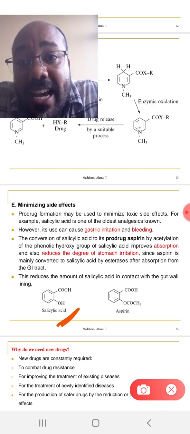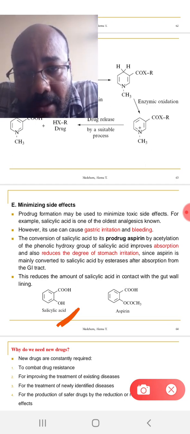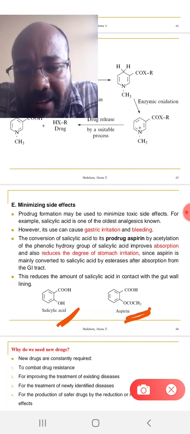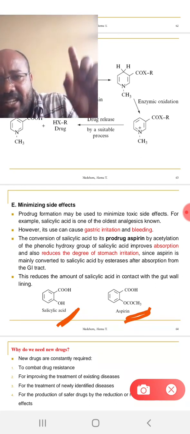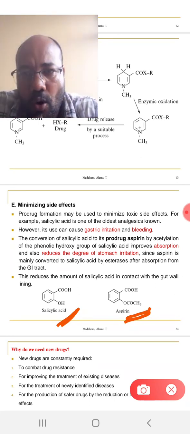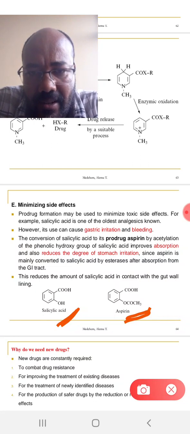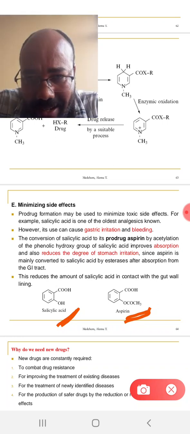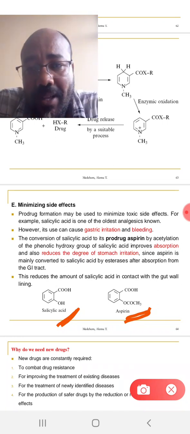To overcome this side effect, they changed this compound into a prodrug, which is called aspirin. Therefore, conversion of salicylic acid to its ester called aspirin reduces the degree of stomach irritation and bleeding, and also increases absorption.